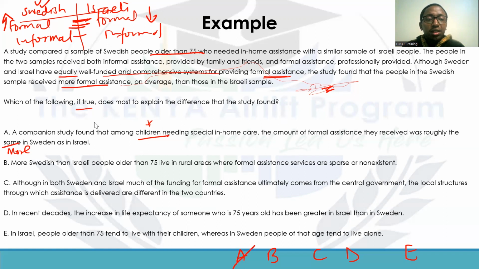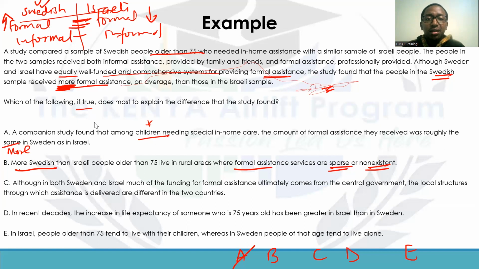Then B, more Swedish than Israeli people older than 75 live in rural areas where formal assistance services are sparse or non-existent. So we are saying more Swedish people live in rural areas where formal assistance is sparse or non-existent, and yet the Swedish people receive more formal assistance.